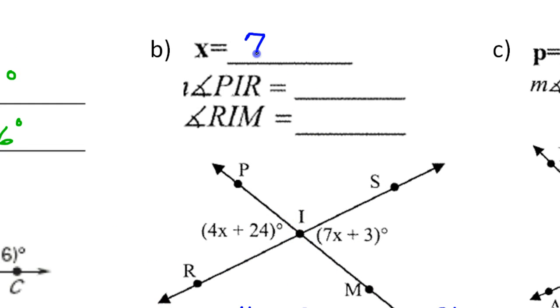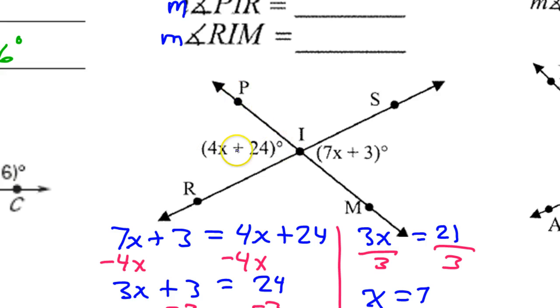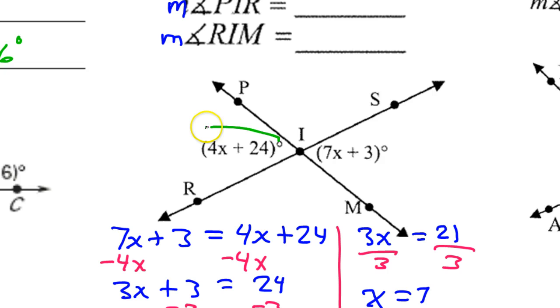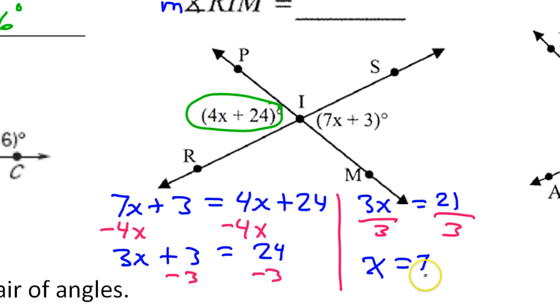Now, this is supposed to be the measure of angle PIR, which is this right here. Now that I know that x is 7, this becomes 4 times 7 plus 24.